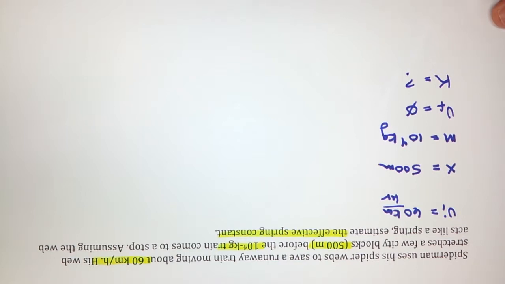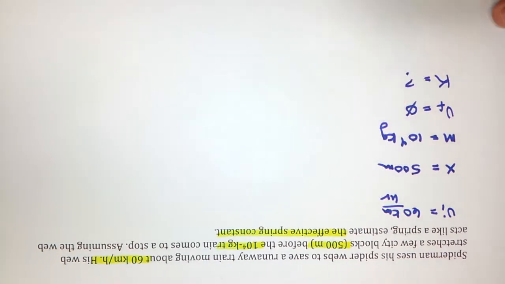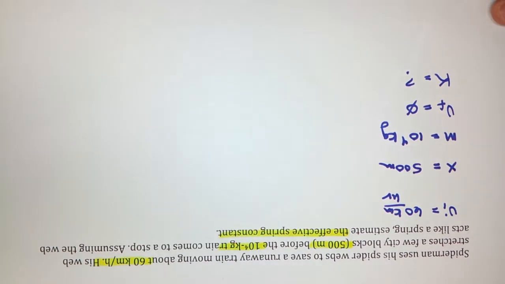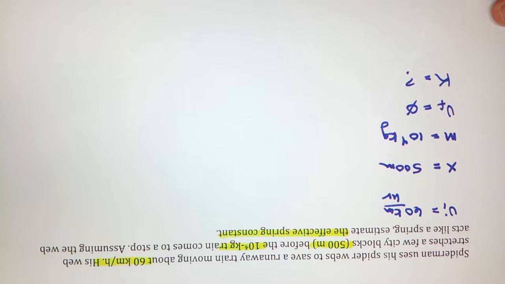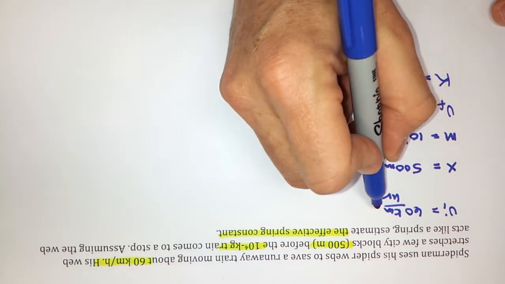Now we've done spring constants with vertical, looking at the change in potential energy, which is perhaps easier to think about, but now we've got a velocity that we're dealing with. The first thing I would consider doing is changing your units over to standard units, meters per second.